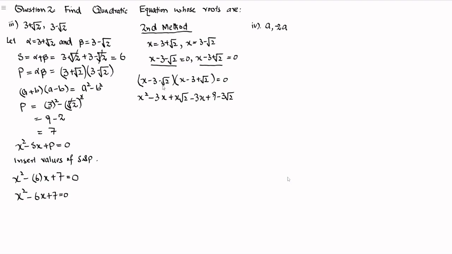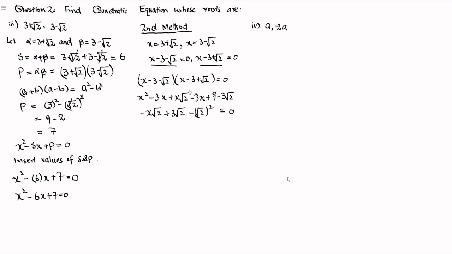Now multiply minus under root 2 with all the terms, so we have minus x under root 2, minus under root 2 multiplied with minus 3 is plus 3 under root 2, and minus under root 2 multiplied with plus under root 2 is minus under root 2 square is equal to 0.